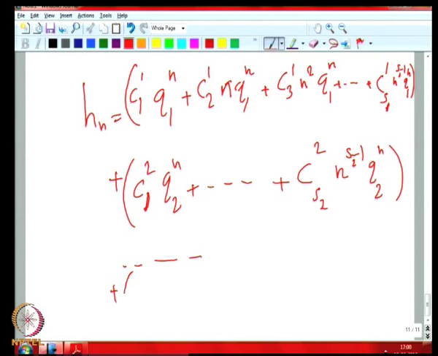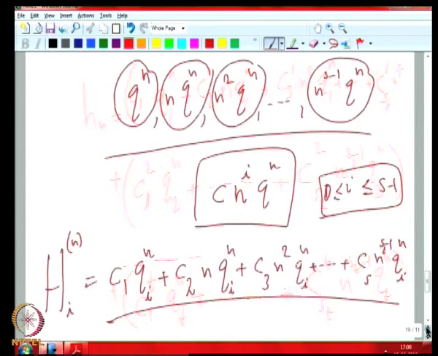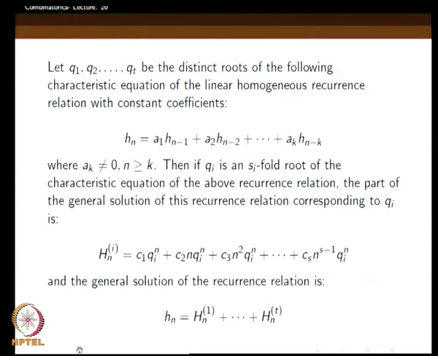Lastly we have c1t qt raised to n plus up to c_st t n raised to st minus 1 qt raised to n. This will be the general solution. That is what we get.